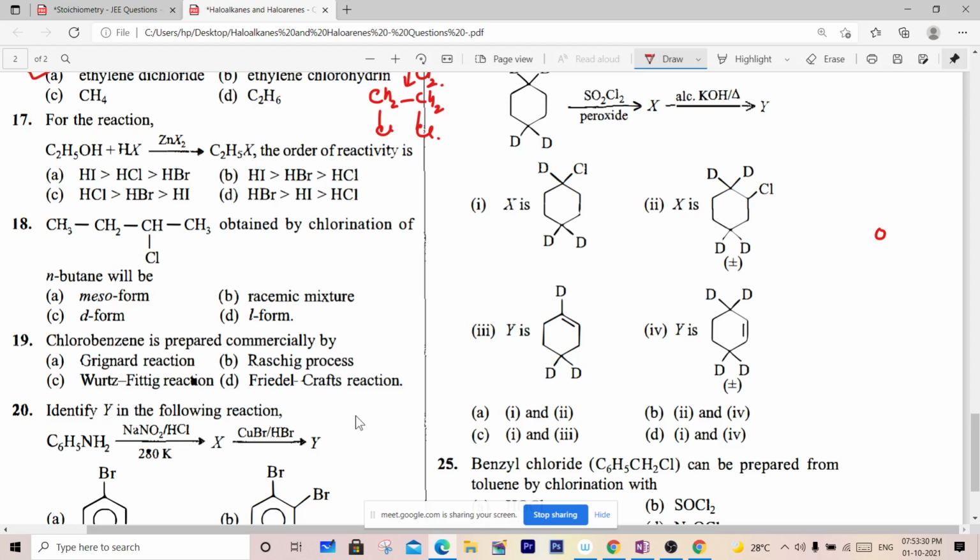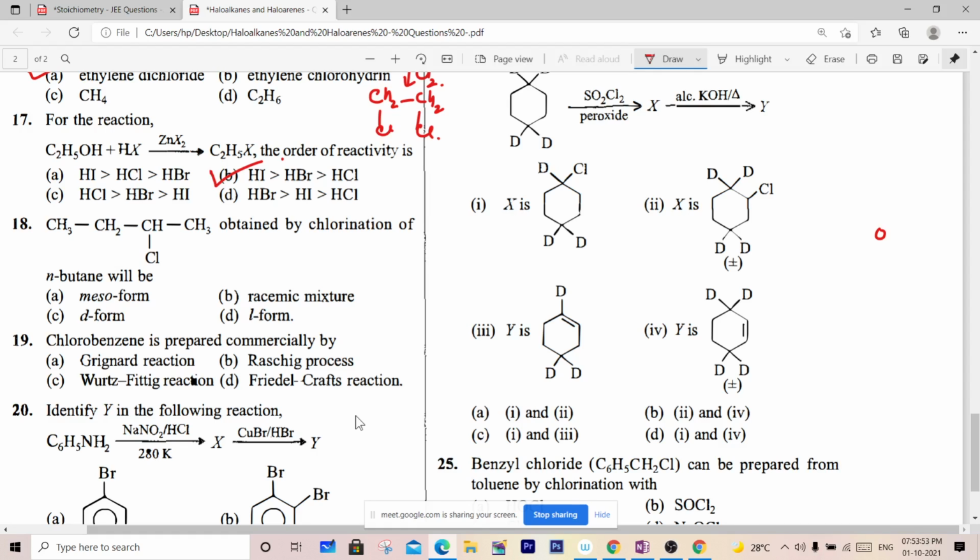No, B, right? Yes. The one that is a better nucleophile. Okay. Yeah.